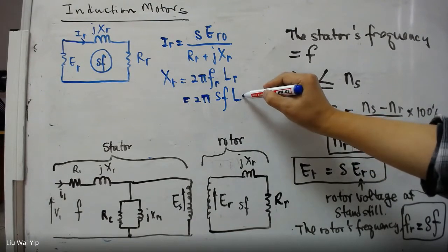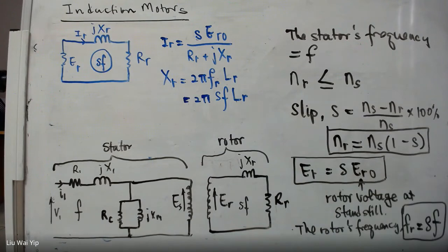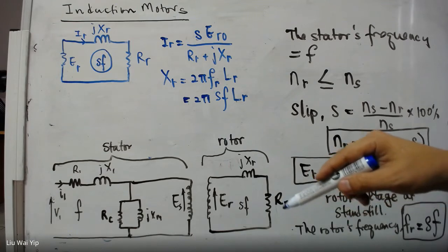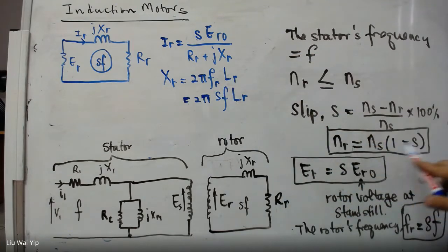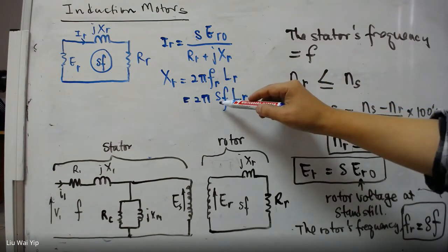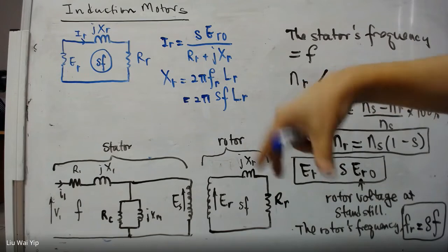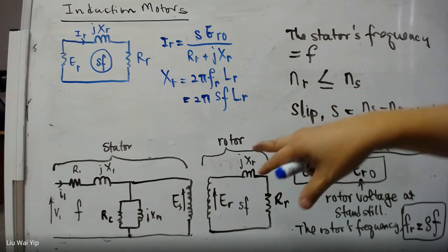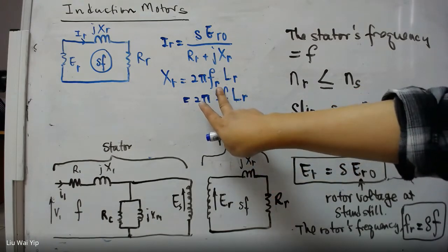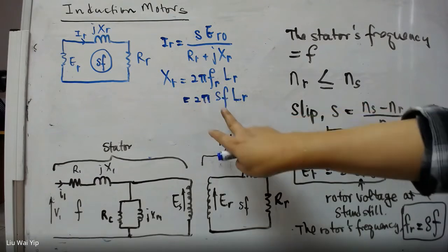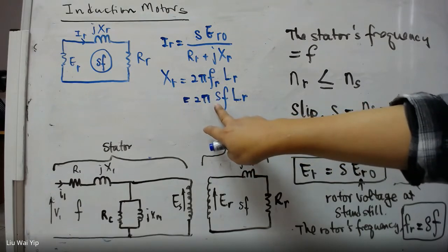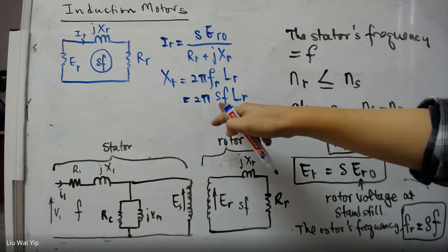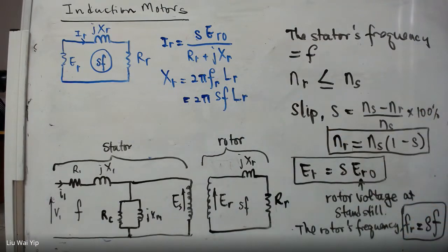So the rotor frequency depends on the speed, the angular speed of the rotor. The angular speed is a function of the slip according to this formula. If the slip here is 1, this means the rotor is at standstill, is stationary. Then the frequency is going to be F. But if the rotor speeds up, then we are going to have a different frequency.